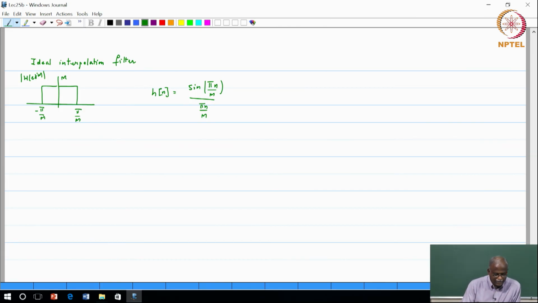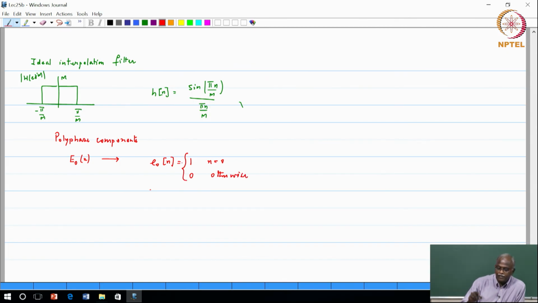Now, did we say something about the polyphase components of these ideal filters? Any observations that we had made? I believe we had made an observation about the polyphase components. If you look at this structure, what you will find is that there is a polyphase component E naught of z such that E naught of n is equal to 1 for n equal to 0, otherwise 0.